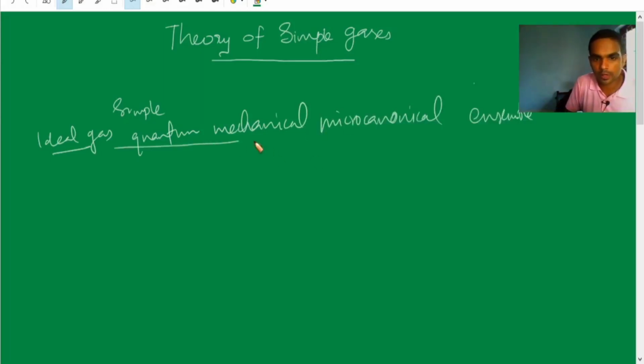So an ideal gas in a quantum mechanical microcanonical ensemble.